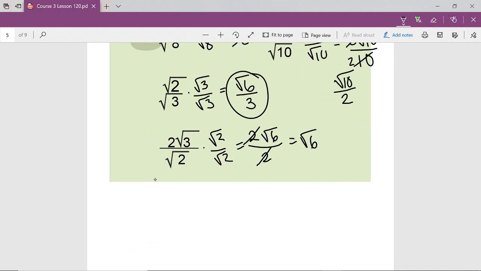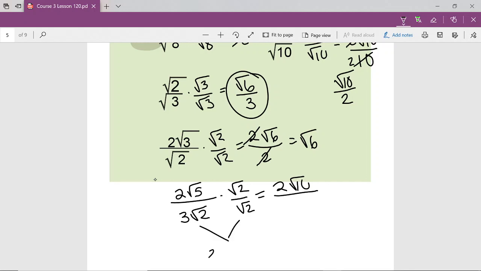I just want to show you one other example of this, which is what if you had something like 2 root 5 over 3 root 2. Well, I wouldn't have to multiply by all of the denominator here, just the radical of root 2 over root 2. What happens is we get 2 root 10 on the numerator, just like normal, and 3 root 4 on the denominator, which simplifies to 3 times 2, or 6.